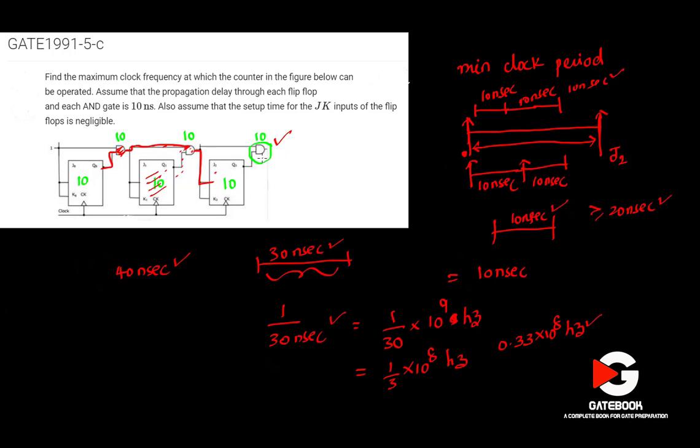If you consider this AND gate also, then the answer is 40 nanosecond. That means if you keep a 40 nanosecond period, that would be fine for this machine to work properly. Every J and K input will take the input properly, and also we can get the output properly.